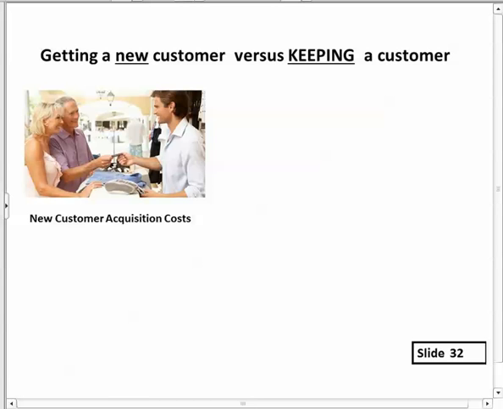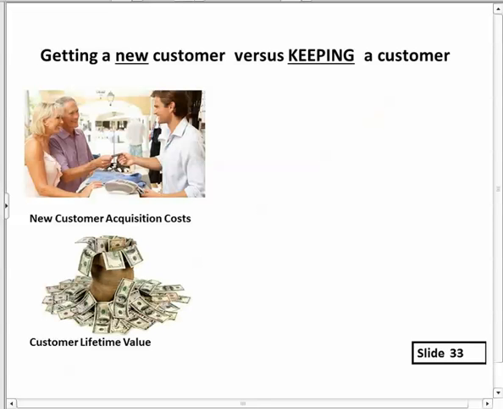Okay, so you go through all that acquisition cost, and not only is that customer generating money for you today in that sale, but like we talked about a few minutes ago, there's a good possibility that follow-on sales, they'll come back to you for repeat sales. Think of a car, for instance.